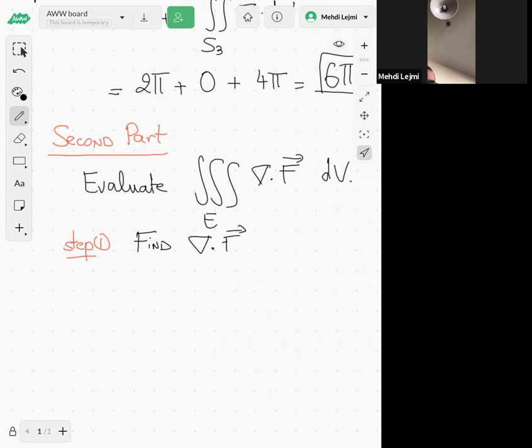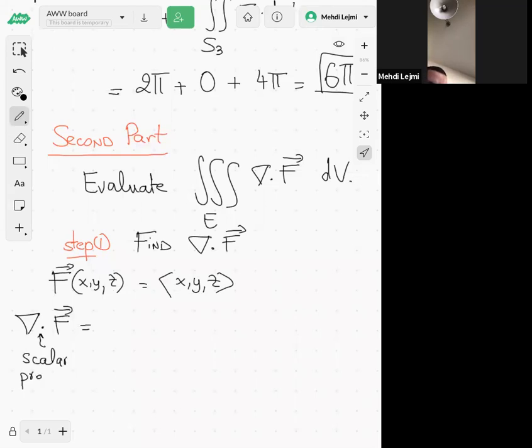Okay, so F of (x, y, z) is equal to (x, y, z). It's a very simple vector field. So the divergence of F, again, this is a scalar product. It's not a cross product, it's not the curl of F. This is the divergence of F, a scalar product here.